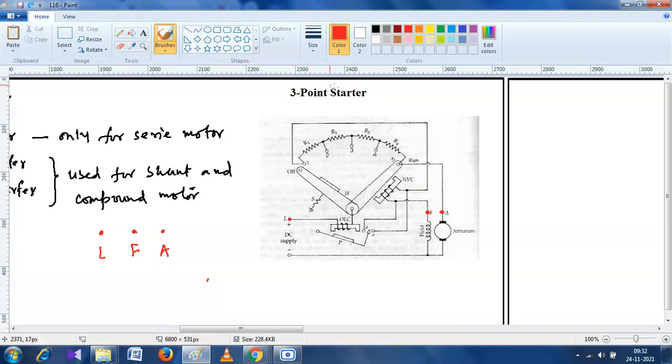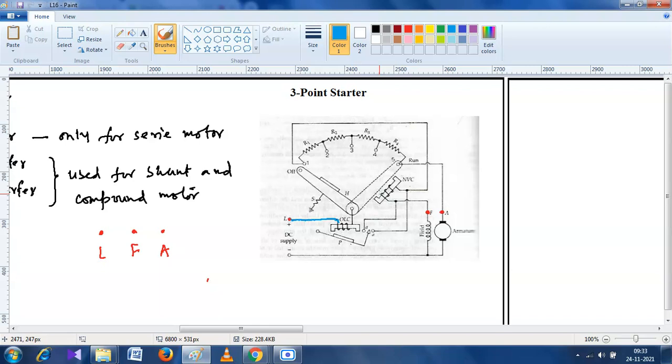So first the current will flow from that line and the current will see a coil. What is the name of that coil? OLC. The name of that coil is OLC.